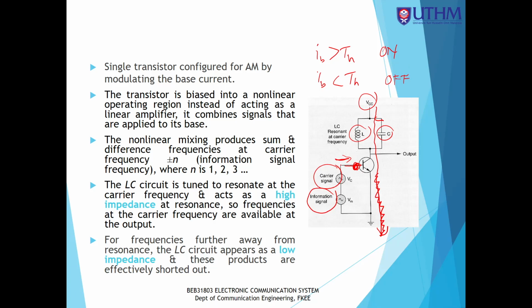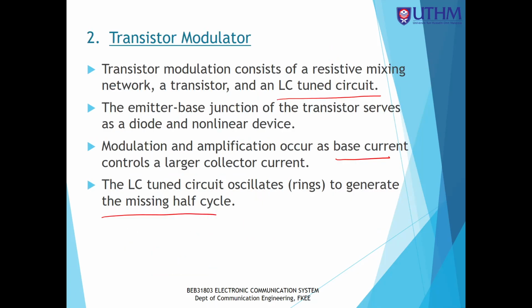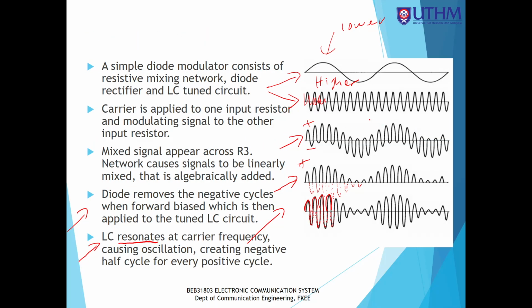So what happens in this process is that when both the carrier and modulating signal are mixing together, when the current at the base is more than the threshold limit it will switch on, and when it is below the threshold limit the transistor will switch off.